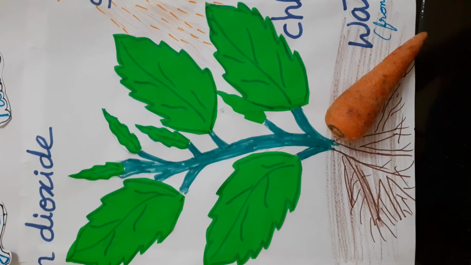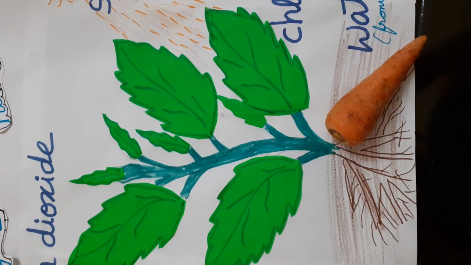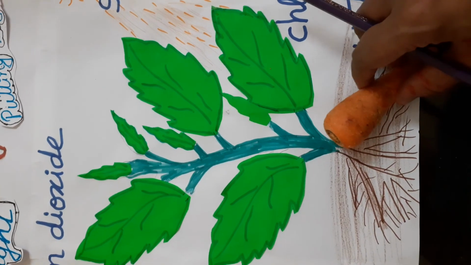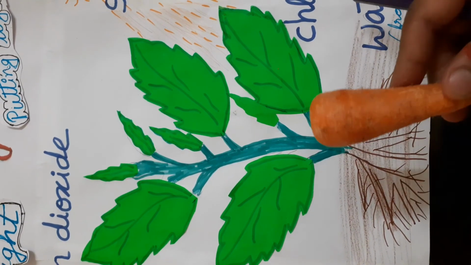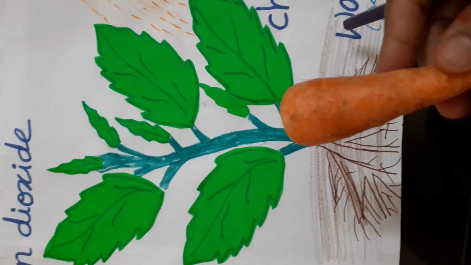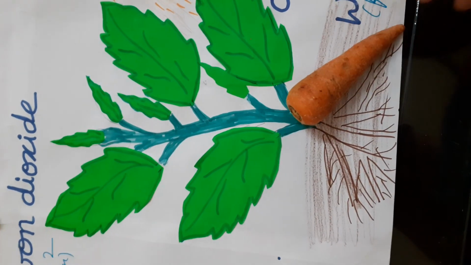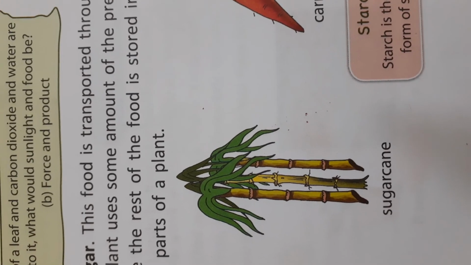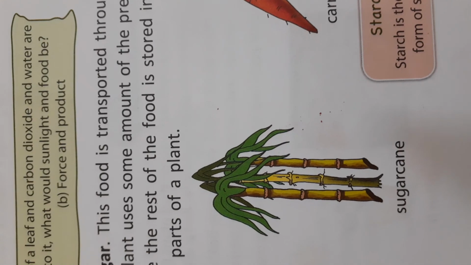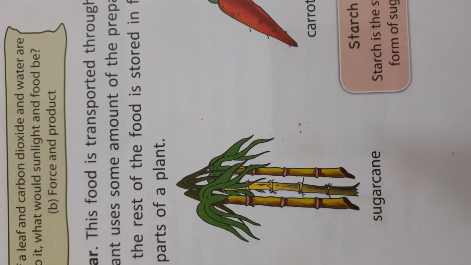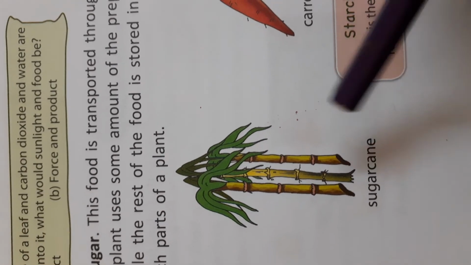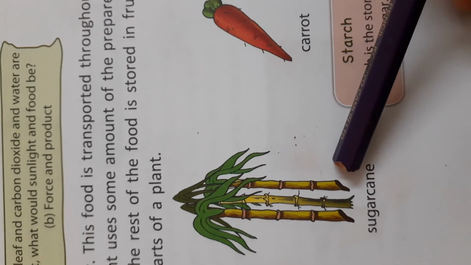The plant stores its food sometimes in roots. Carrot is a root. We eat them. The plant stores its food in the stem, for example sugarcane.